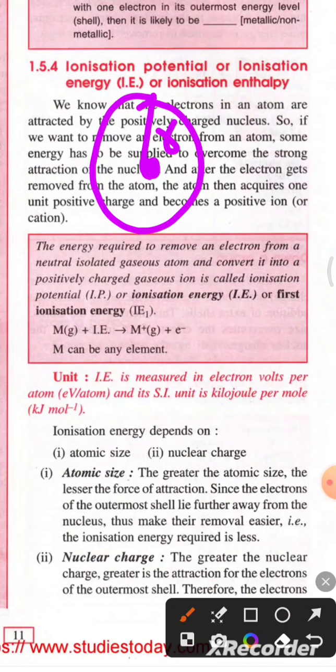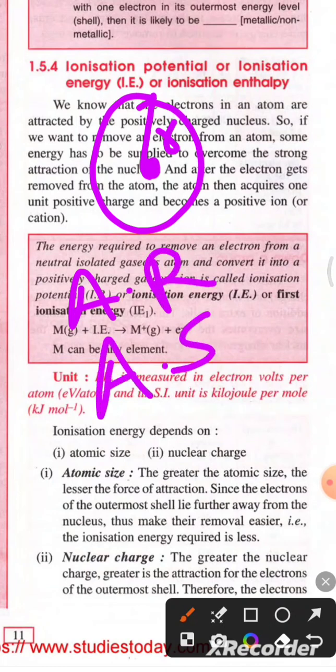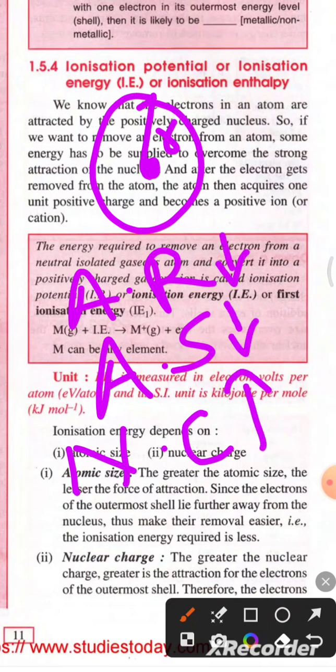Atomic radius is less, atomic size is less, and nuclear charge is more. And nuclear charge is more means obviously we have to put more energy to remove the electron. So ionization potential also will be more.